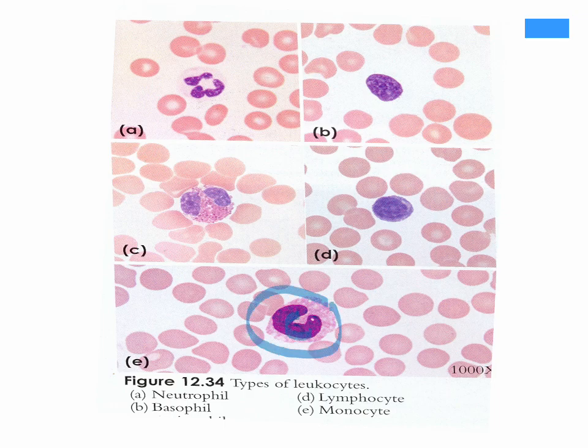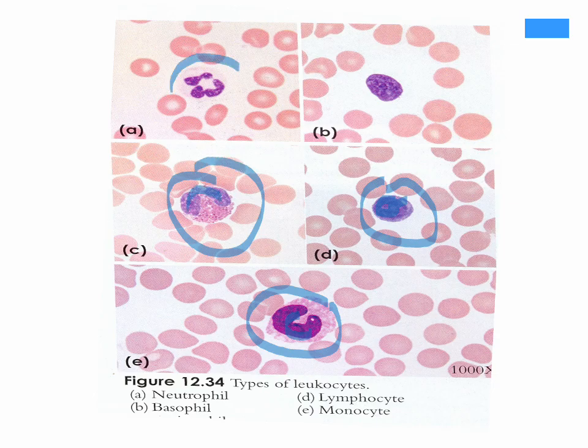Kidney-shaped, big nucleus, lymphocyte. Spider-Man looking cell, eosinophil, neutrophil, basophil.